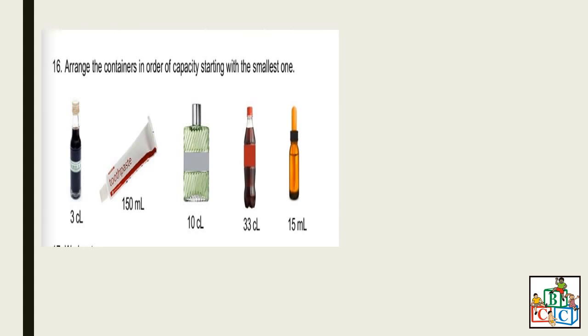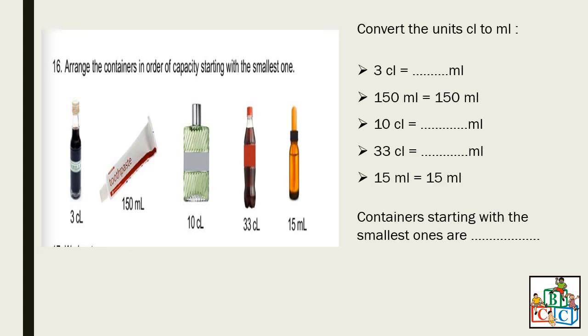Can you see you have centiliters and milliliters? Now what you're going to do is convert the unit cl to ml. It's very easy to convert all to 1 unit. You have to work with 1 unit so you find it much easier. So here you can convert the units cl to ml.